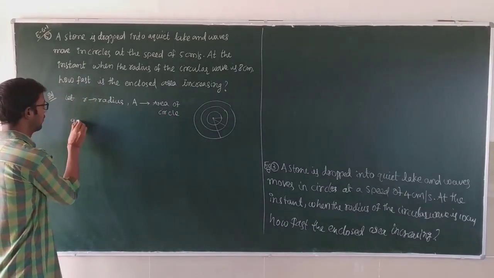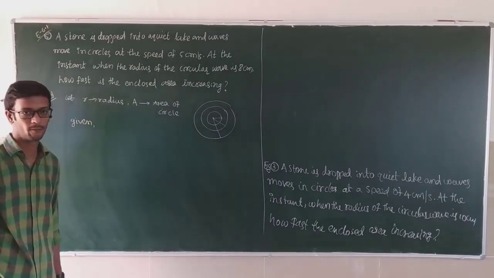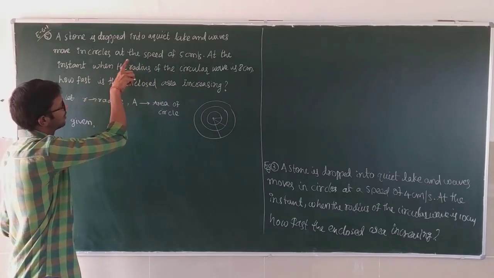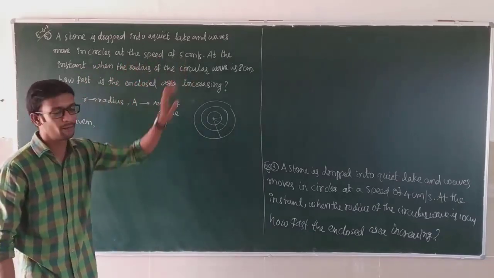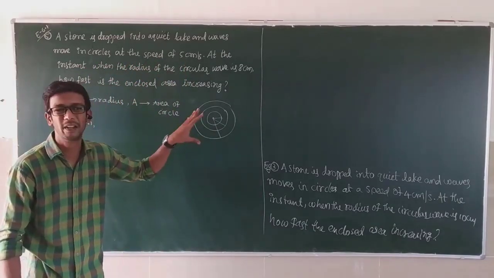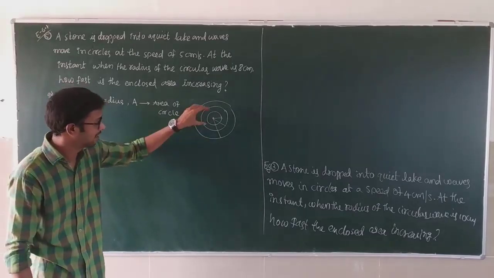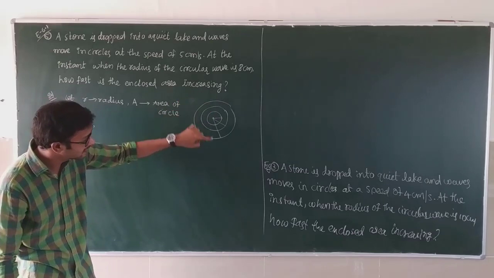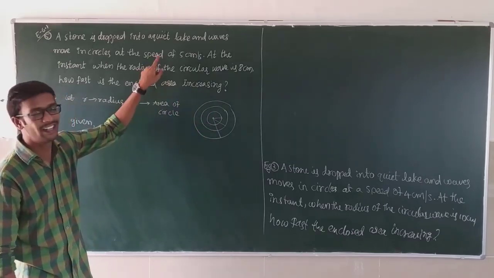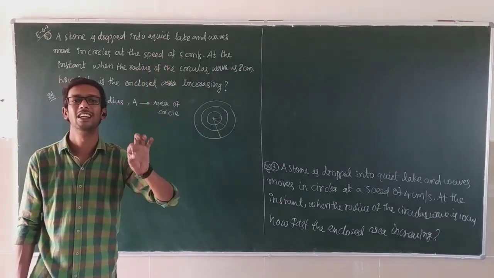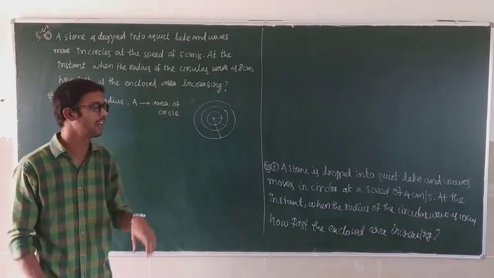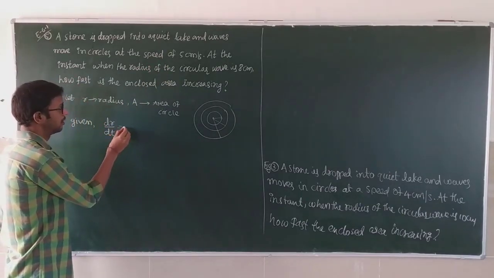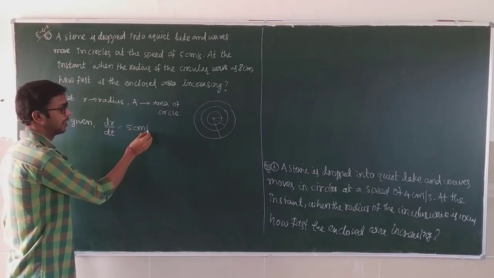What have they given? The circle increasing at the speed 5 centimeter per second. Here we won't write speed. Why? Because circle increasing means radius is increasing. Indirectly they have given the change in radius. So I'll write dr by dt is equal to 5 centimeter per second.